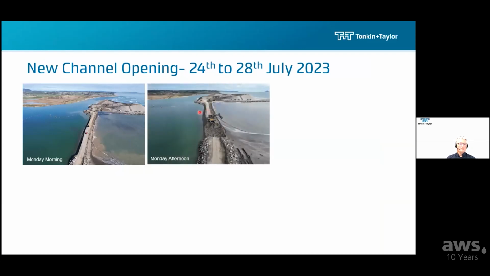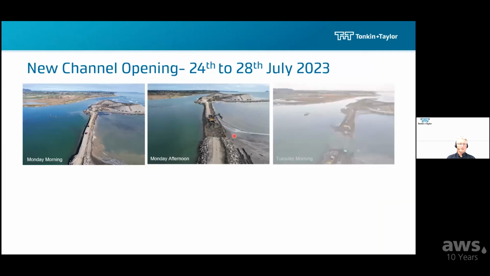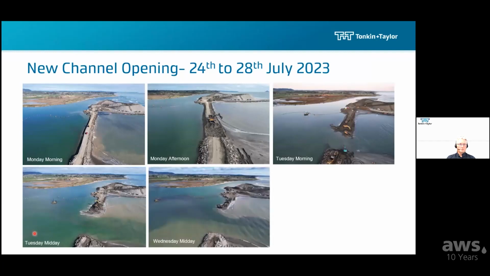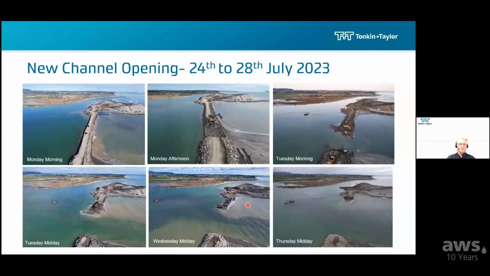In the afternoon of that day, we started opening it. It progressed, and as the opening is progressing, I'll try to show you with the little laser pointer, you can see a little closure bund starting to form here, where we started pushing material to close the original channel and replace it with the new channel.